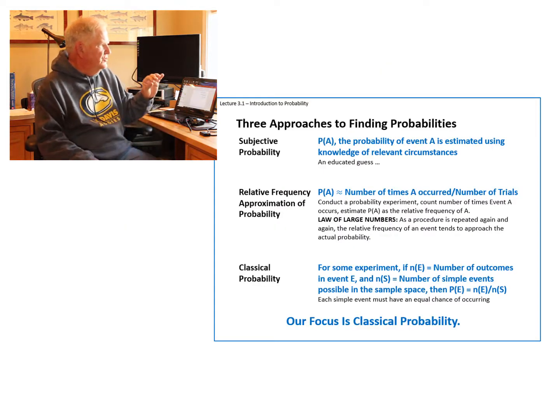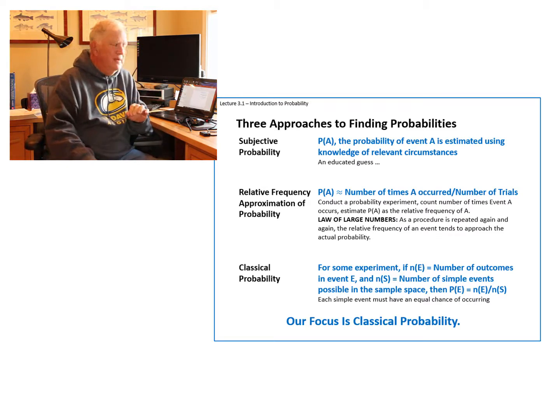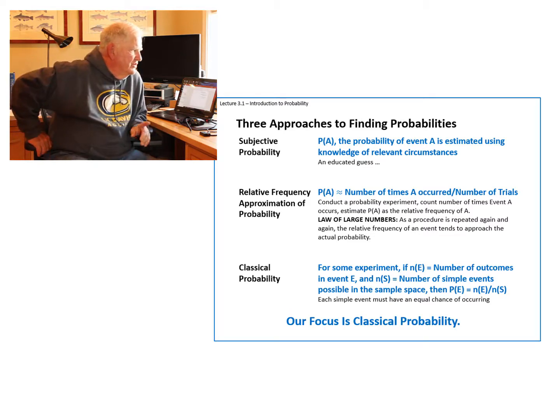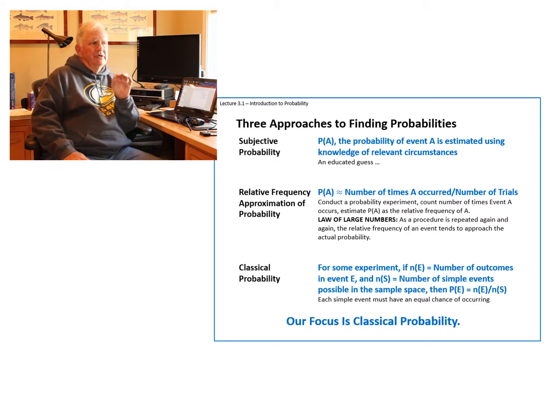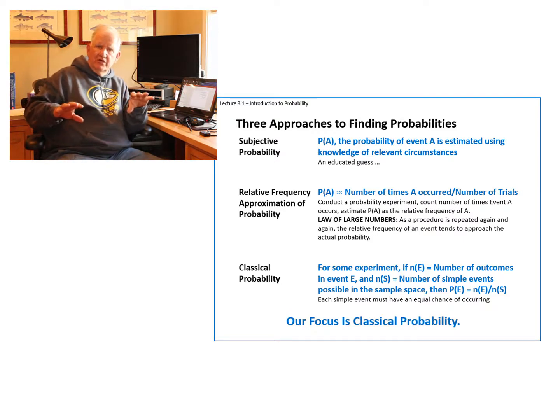So I wanted you to just capture 2 last things. There are actually 3 types of probability. The book really only focuses, and this course will really only focus, on classic probability. I'll let you read the definitions of the other 2. But classic probability is just this. It says that the probability of occurrence of an event is a ratio. On the bottom of the ratio is the total number of outcomes, the size of the sample space.